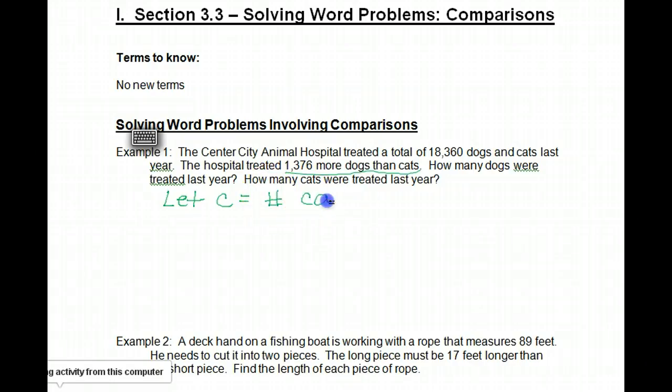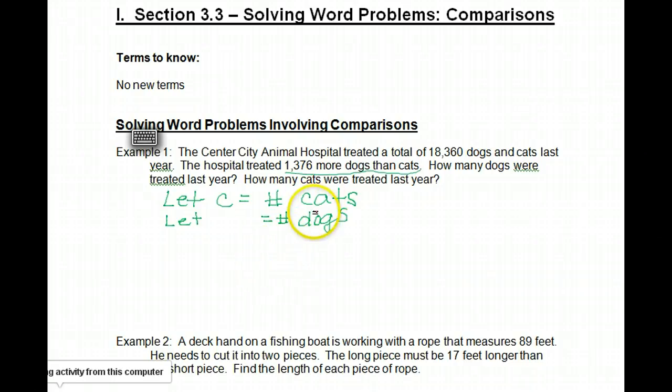You can choose any variable that you want to. You do not have to use the letter C. I just chose C. And then we're going to write a second let statement that's going to represent the number of dogs. Now remember that you have to write your let statement in terms of C, and it needs to be representative of your dogs.